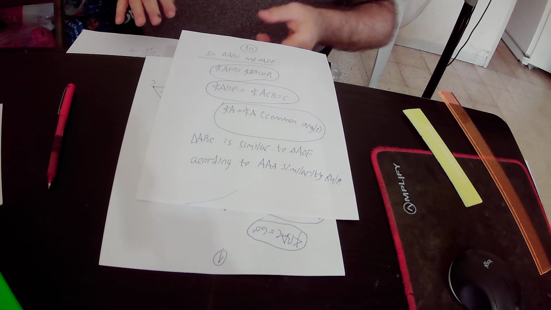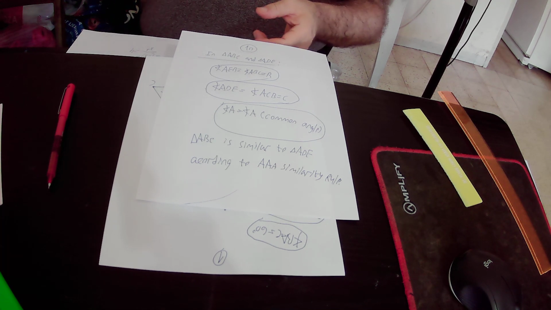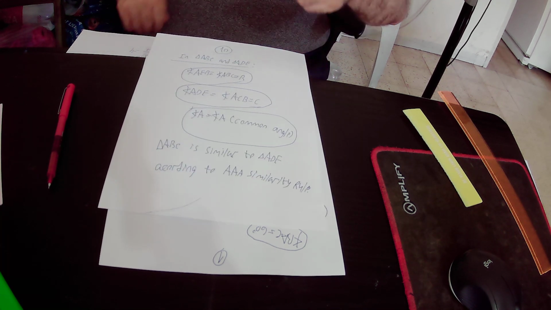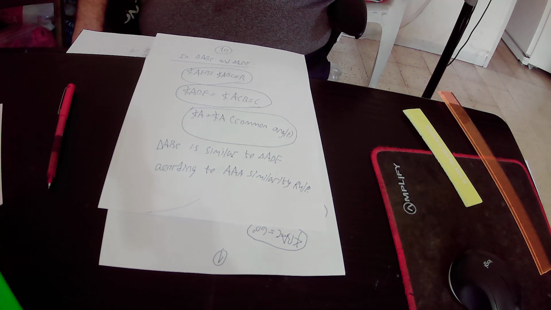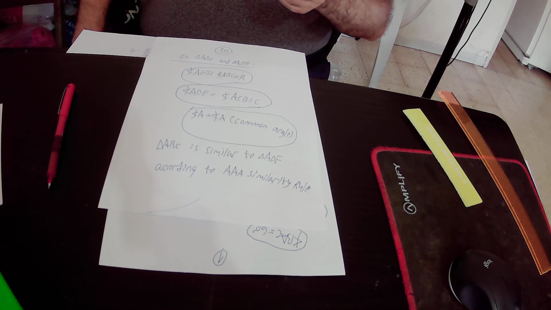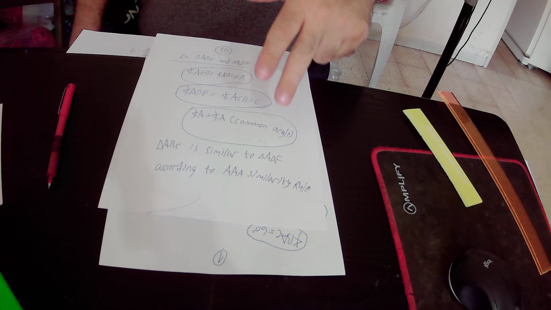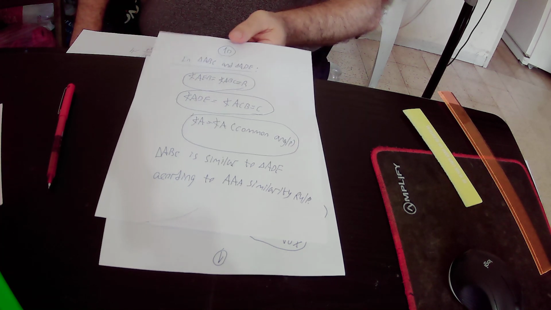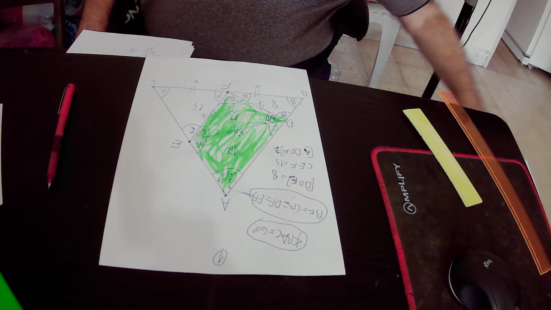So we proved that all the angles in triangle ABC are congruent to all the angles in triangle ADE. Therefore, triangle ABC is similar to triangle ADE according to the angle similarity rule.